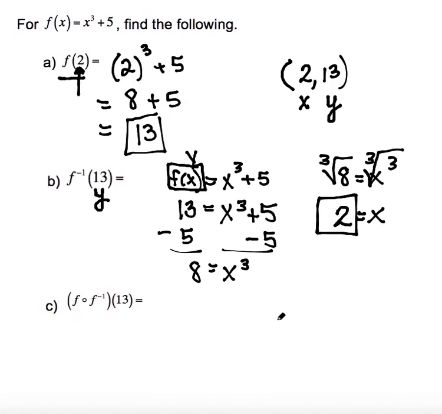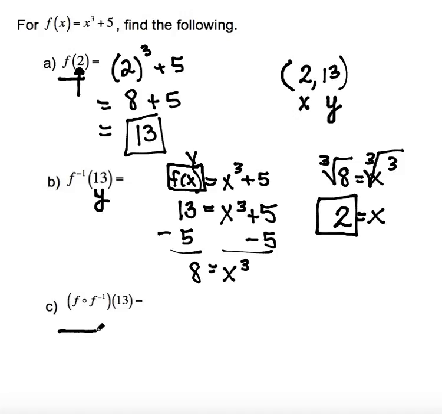Now, knowing that, let's do part C. f of f inverse of 13. So f of f inverse means we're going to put it in the one function and then put it through the next function. We know that f goes in one direction, the inverse goes in the opposite direction.